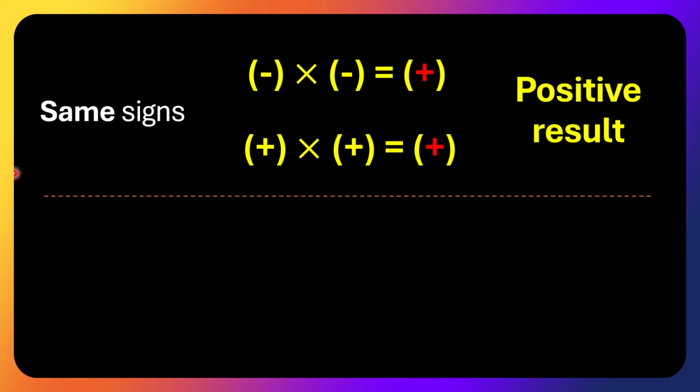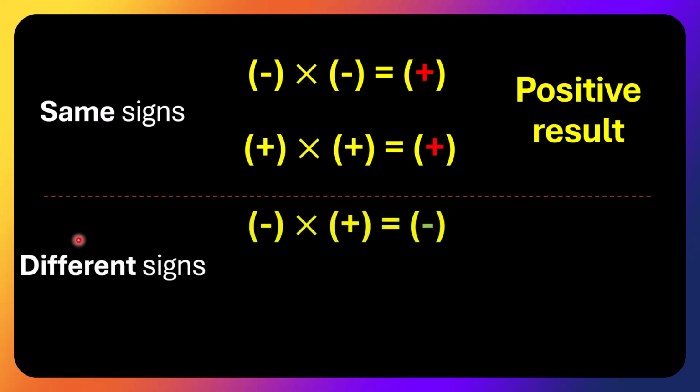Now the second one is different signs. For example, negative multiplied by positive equals negative, and positive multiplied by negative equals negative. So these are the rules that we have to understand.